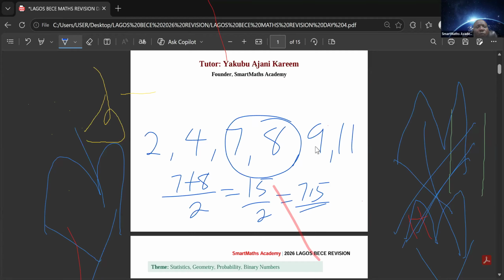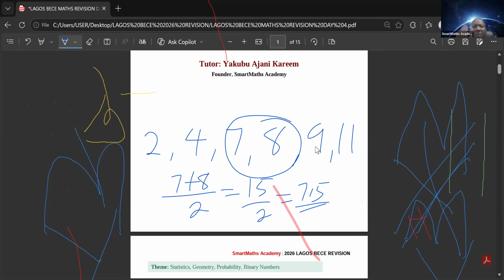We have 1, 2, 3, 4, 5, 6. The numbers 1, 2, 3, 4 are less than 5. And the question says not less than 5.